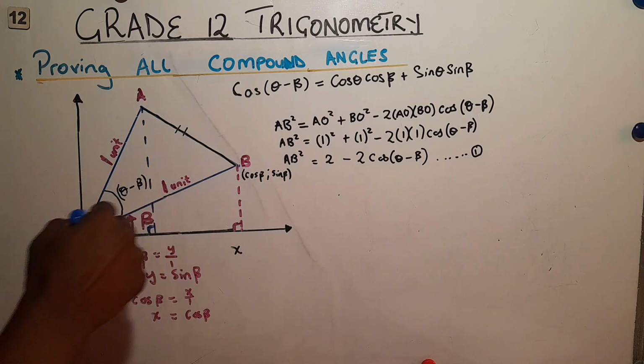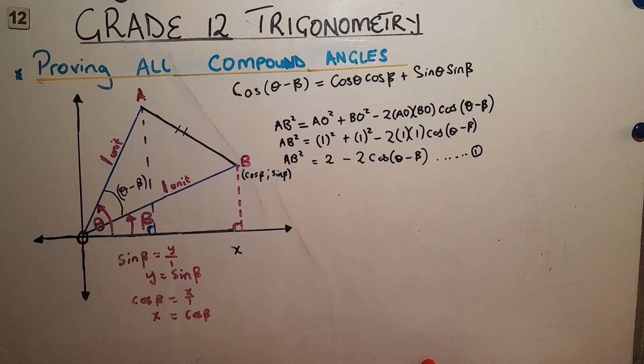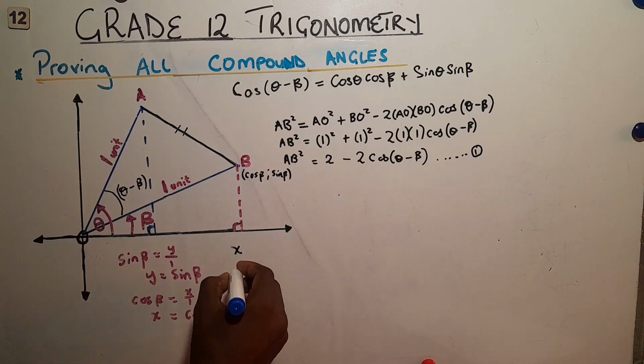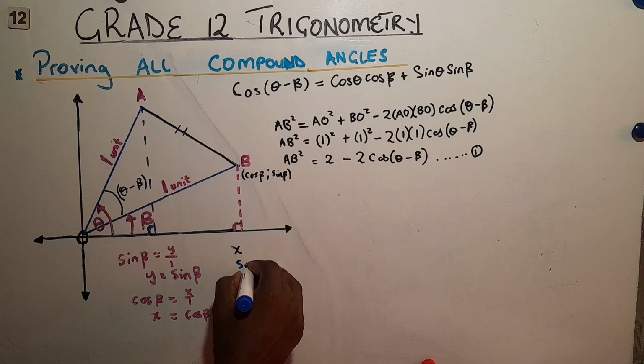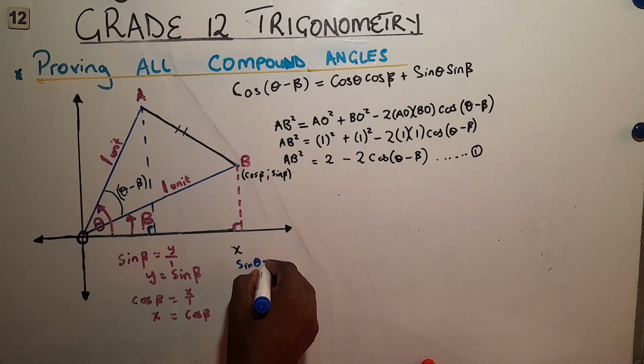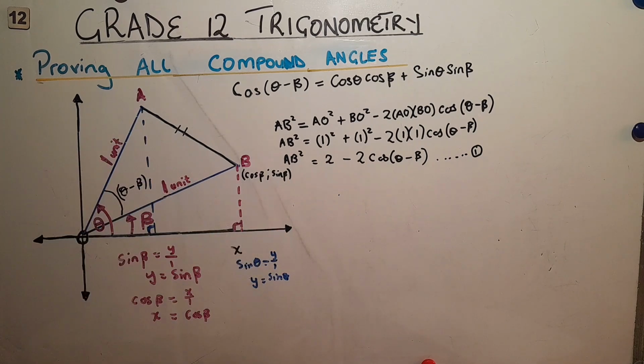And the angle between O and this is theta. So we can use the same thing. To find the y value, sine of theta becomes y over 1, which means our y becomes sine of theta.